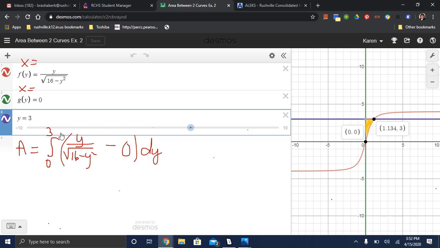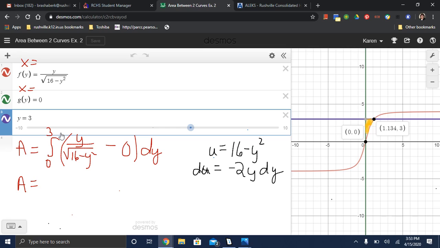So for this problem, we're going to need to use a u, and in doing that, our u will equal the denominator without the square root. Our du will be negative 2y dy.